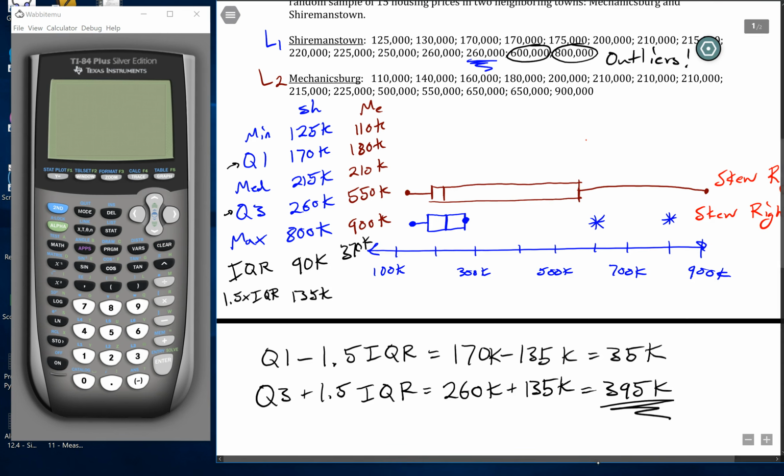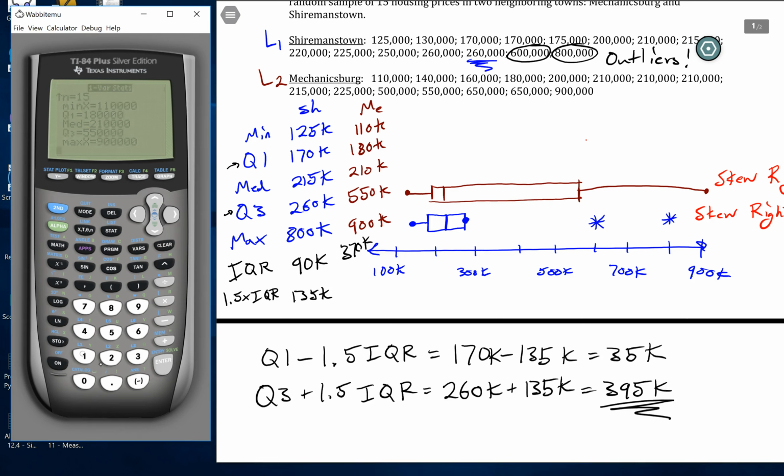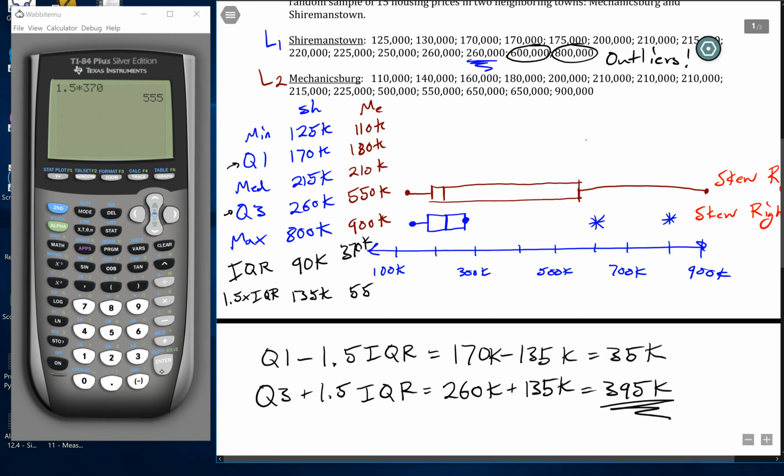For the Mechanicsburg data, 1.5 times the IQR is, I don't feel like doing this one in my head, 555,000. Now, let's think about this real quick. My Q3 is 550,000. If I add 555,000 to this, I'm over $1 million, right? But look, this house is 900,000.